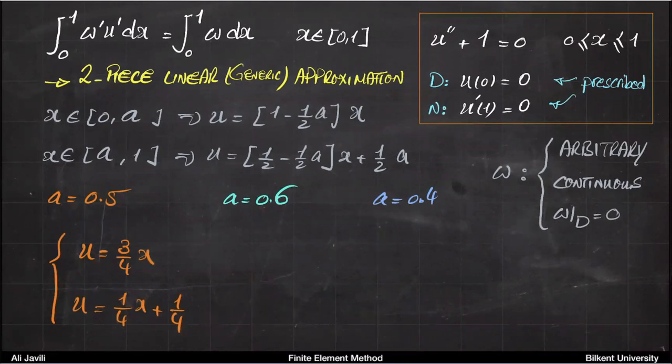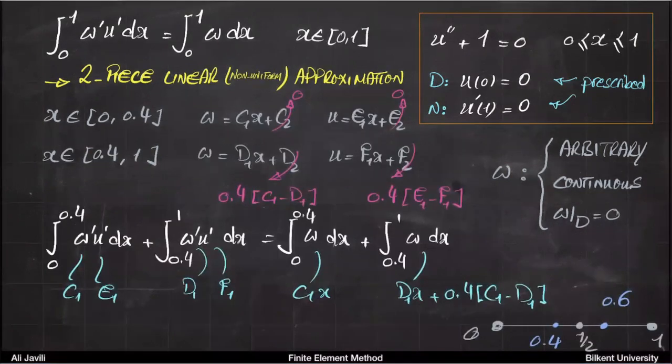we have it for a equals 0.6. So in this case, u would be 0.7x up top, and then u equals 0.2x plus 0.3, which again is something we just had slightly after that.